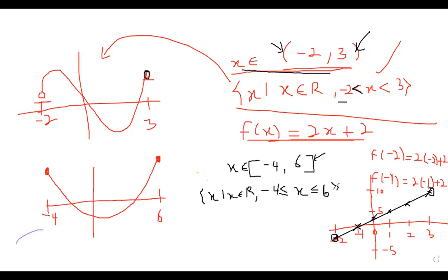So this is it. If it is given in the interval notation, you should be able to interpret it. If it's given in the set notation, you should be able to interpret it. And if it's given as a graph, you should be able to bring it to this point. Either way, you should be able to read and clearly understand it. Okay, good.